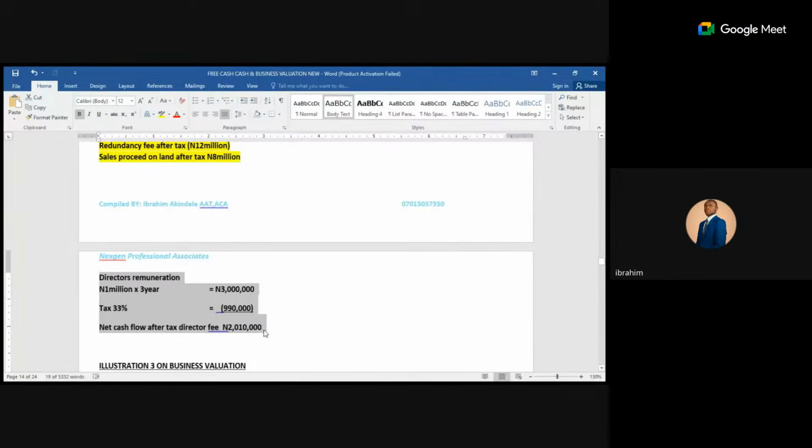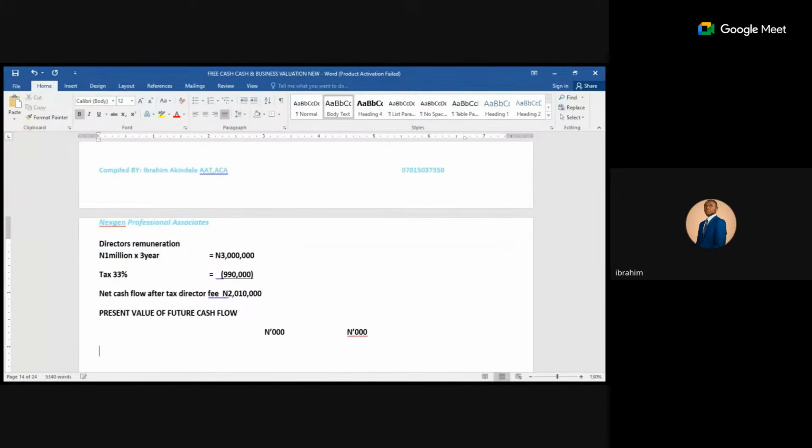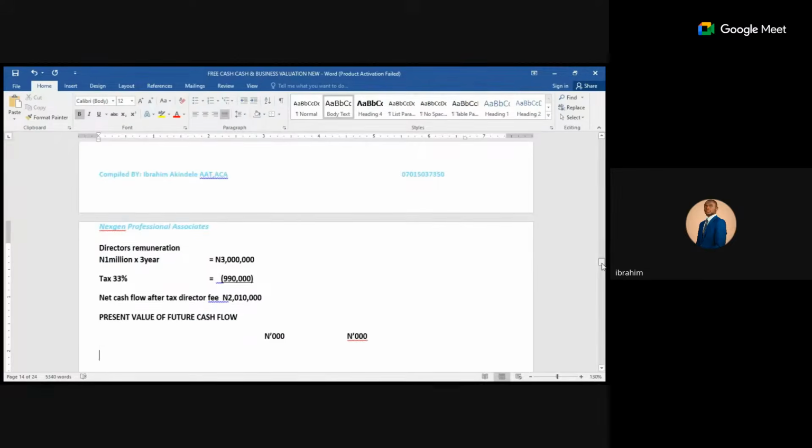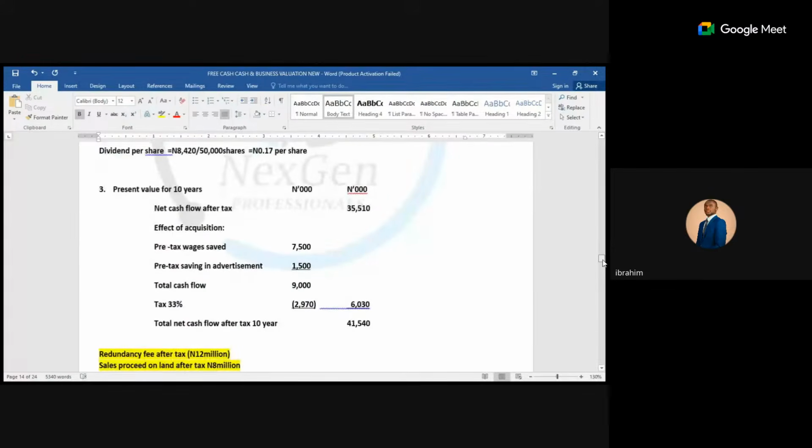So to do this, let's do something. The present value of future cash flow. We have this. Now, the first one we pick is the net cash flow after 10 years.